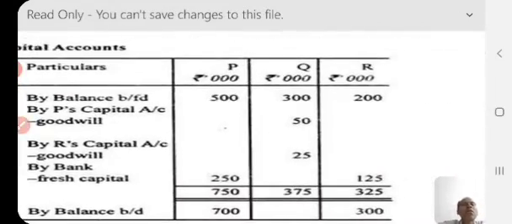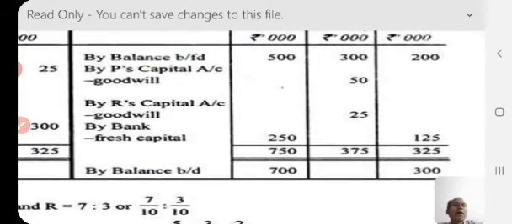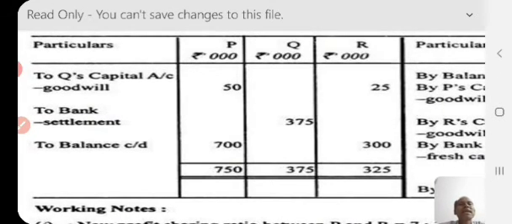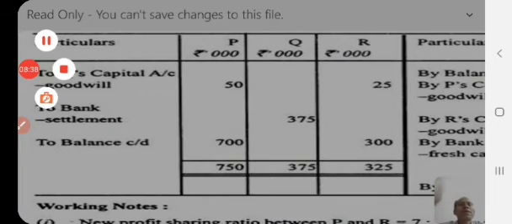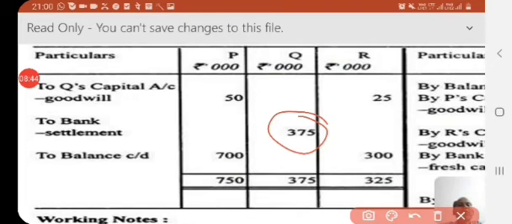These are the old balances: 500, 300, and 200 thousands. And this is the adjustment of the goodwill. And this is the fresh capital, 250 and 125. And here the bank settlement is 375. What is 375? 375 thousands is paid in the form of cash.